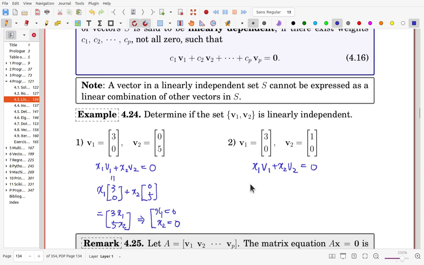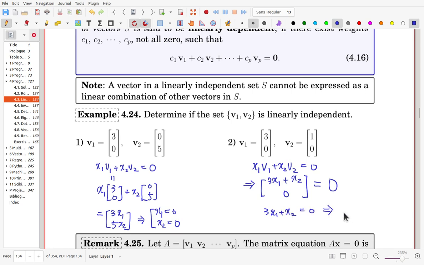Now we can organize the left-hand side. The first entry must be 3x1 plus x2. How about the second one? 0, 0, so we have 0. That must be 0. So 3x1 plus x2 equals 0.